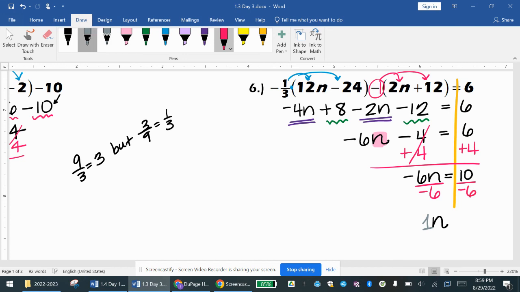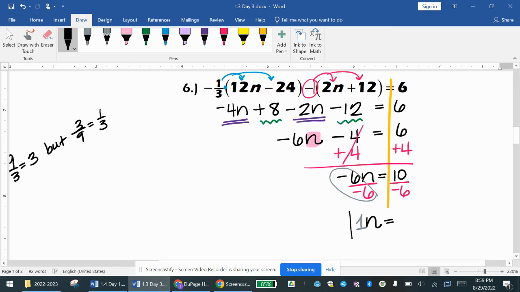I want to make sure that it is negative so that when I divide these, I get positive 1. 10 divided by negative 6 does not come out to a perfect whole number. So what we need to do is reduce. I can reduce both of these by 2, and my answer is going to be negative 5/3.